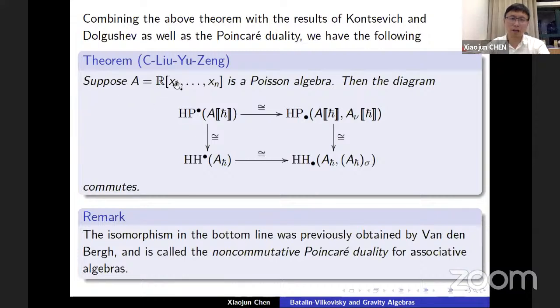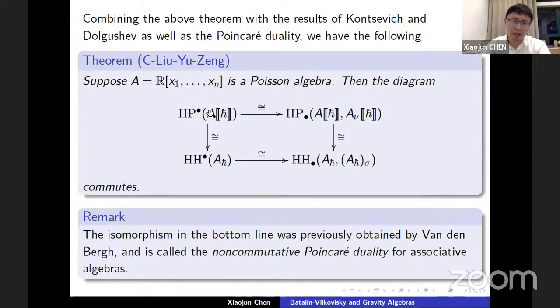Suppose R is the polynomial algebra, then we have the following commutative diagram of isomorphisms. The horizontal maps, the upper one, is given by Poincare duality for Poisson algebras. And the second horizontal line is called noncommutative Poincare duality for associative algebras, which is due to Van den Bergh in 1998.